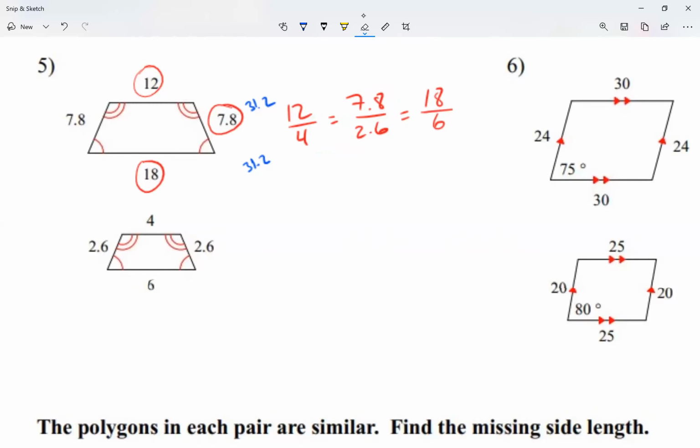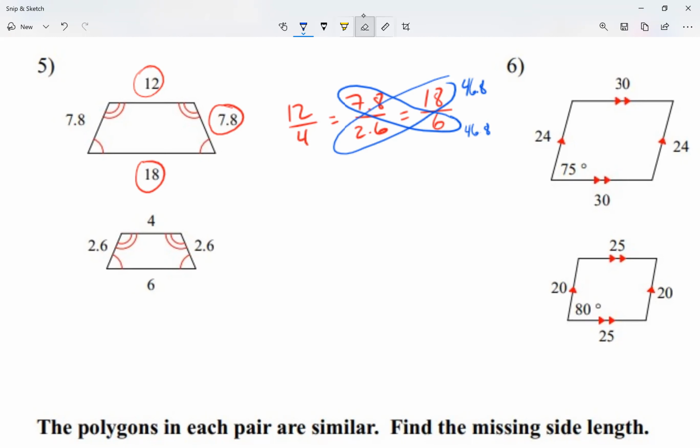Let me erase this. Now I have to check the third fraction with one of the previous 2. So I'm going to cross multiply it here. 7.8 times 6 is 46.8. And then 18 times 2.6 is also 46.8.